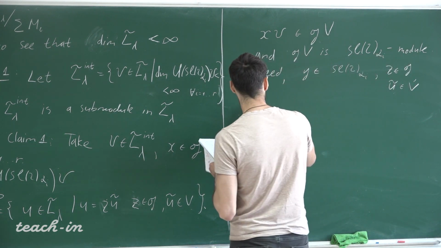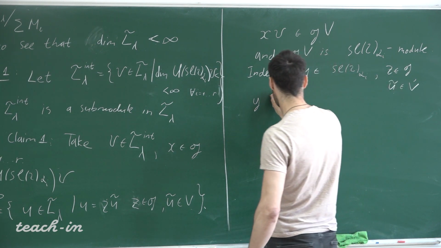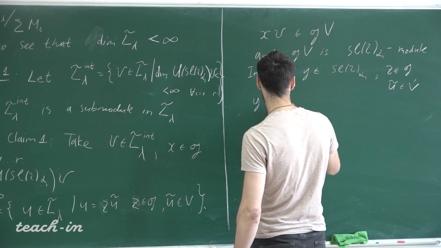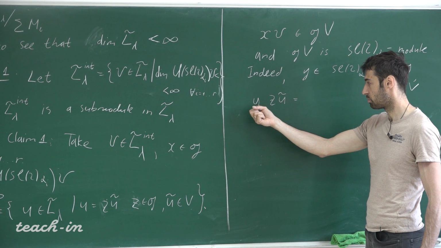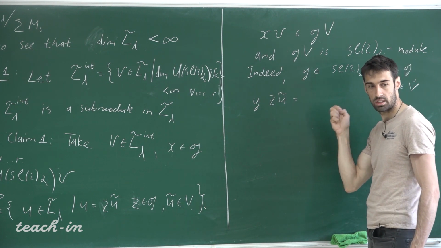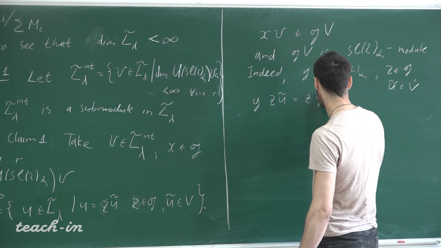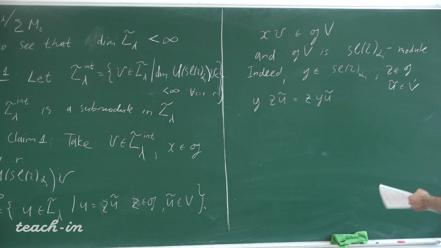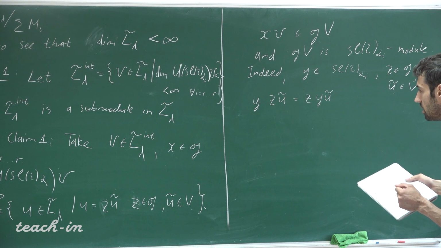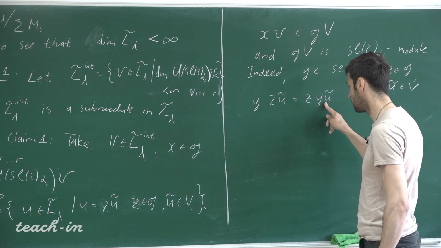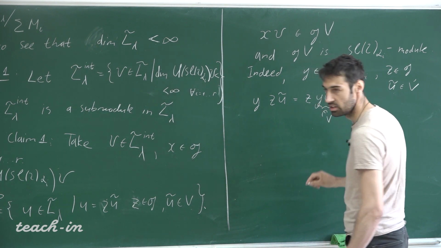Then I apply Y to some general element of GV, which is Z U tilde. Then I pull Y through Z to the right. I'll have Z Y U tilde. Then Y U tilde is in V. Why?